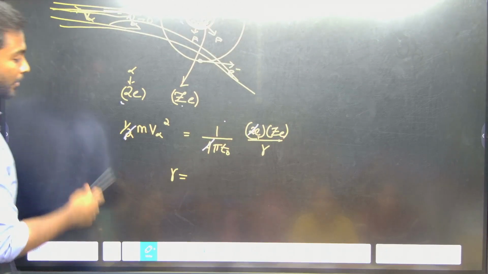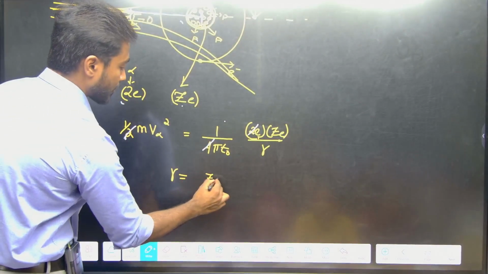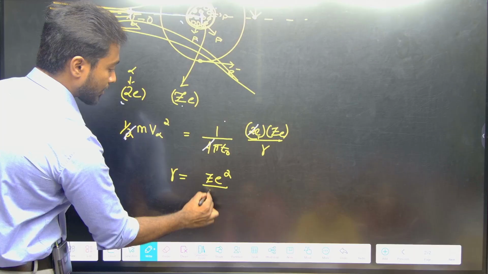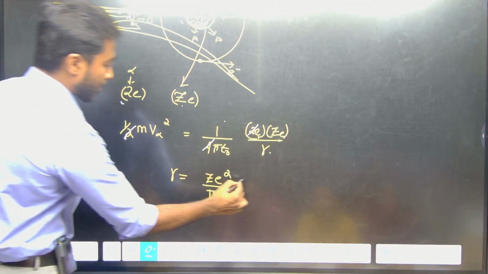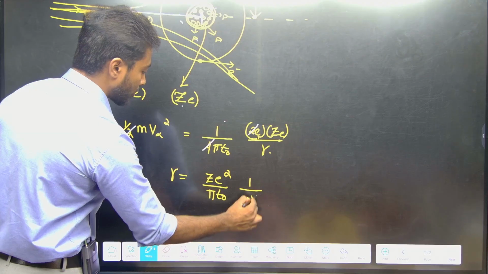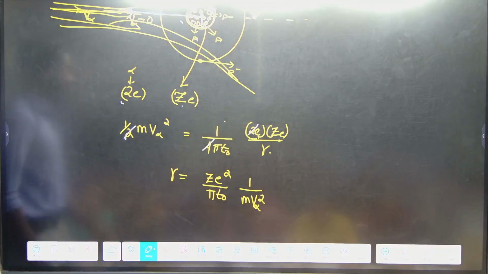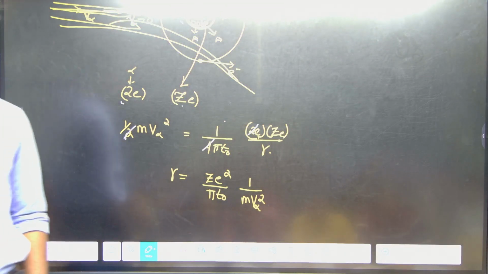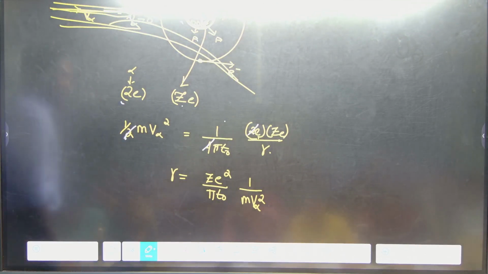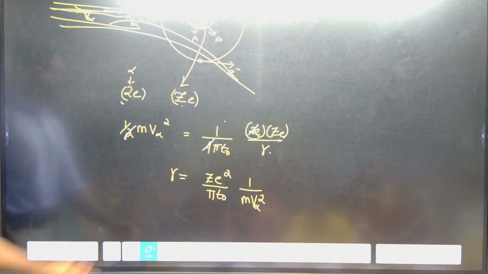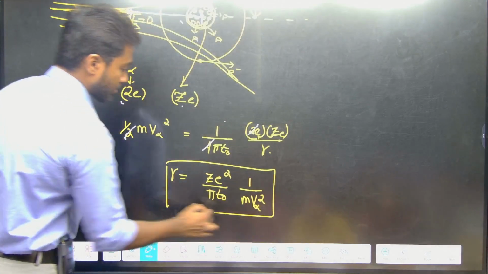What remains is Z e square and pi epsilon naught. This r goes to the other side, and remaining is 1 by m into V alpha square. This is my radius.